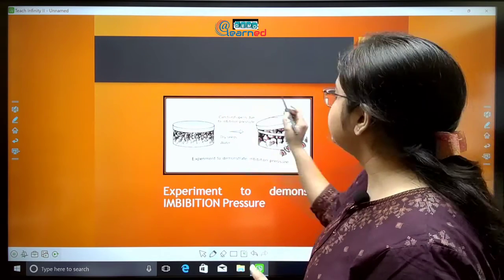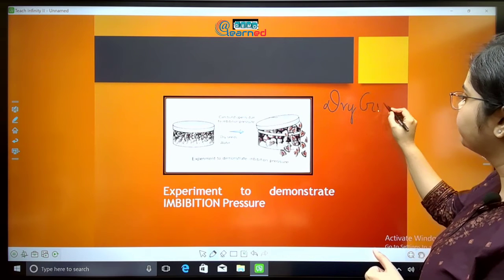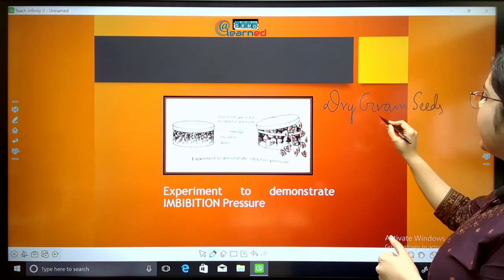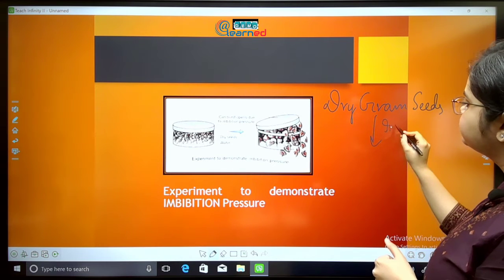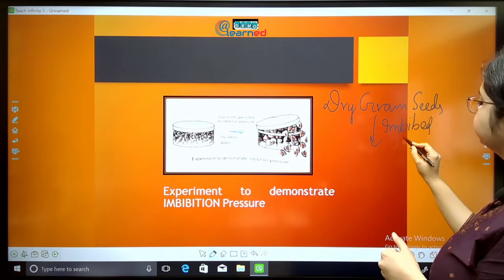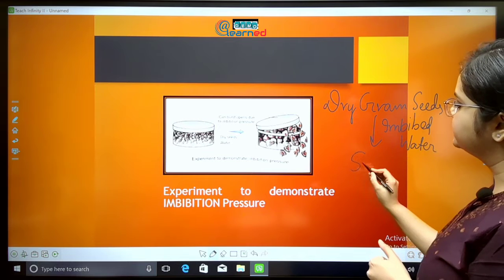Because the dry gram seeds, I am writing out here, have taken up water, have imbibed water and swelled.